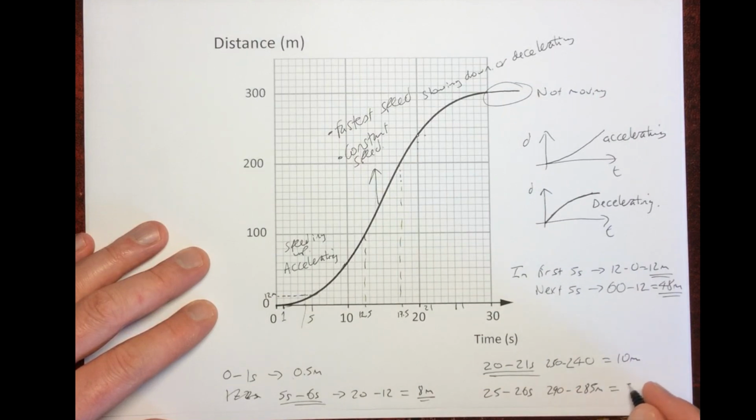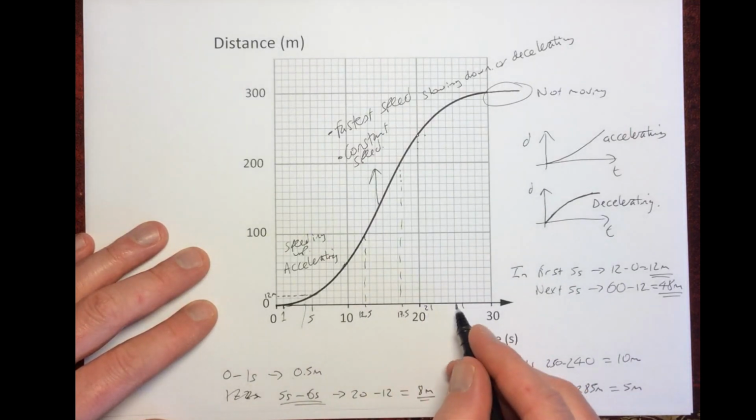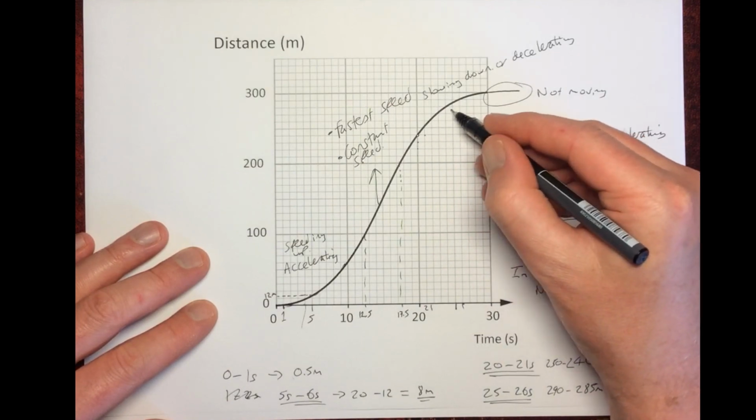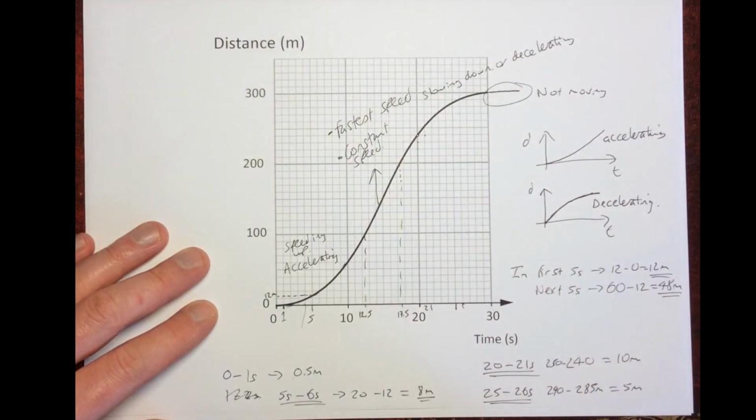So the distance travelled there is 5 meters. So in that second there, we went 10 meters. In this second here, we only went 5 meters. So in each second, as the time ticks along, we're travelling a smaller and smaller amount of distance. So the object is slowing down. It's decelerating.